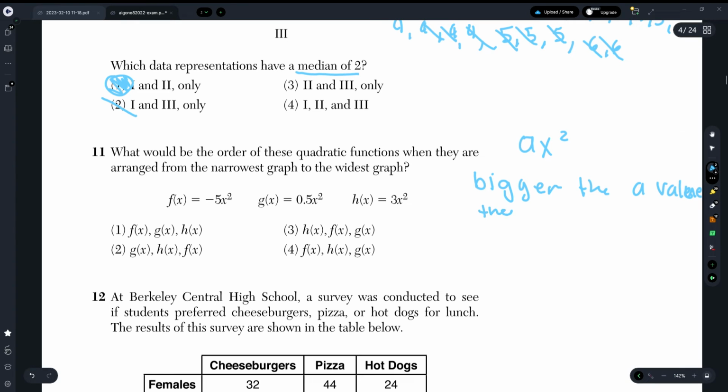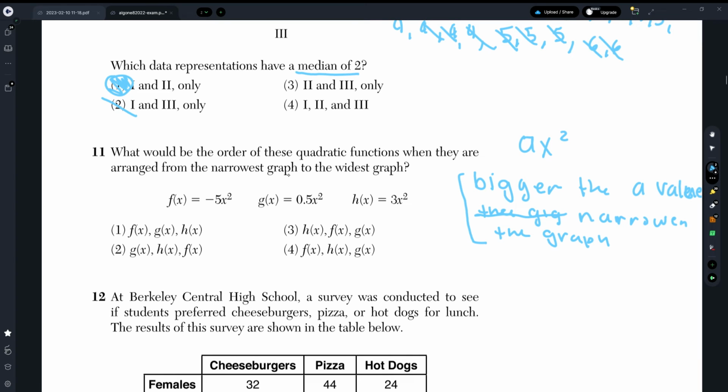the bigger, oh sorry, the narrower the graph. That's pretty much the rule, important rule. So if we look at here, which x value, oh, well, they're asking us for the order. So it's from narrowest graph to widest graph.